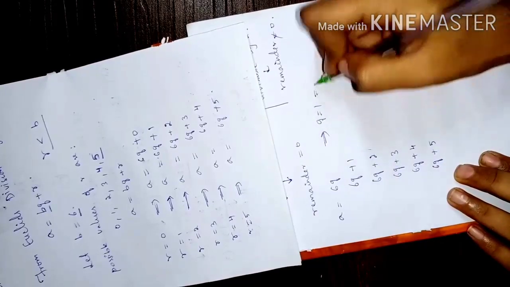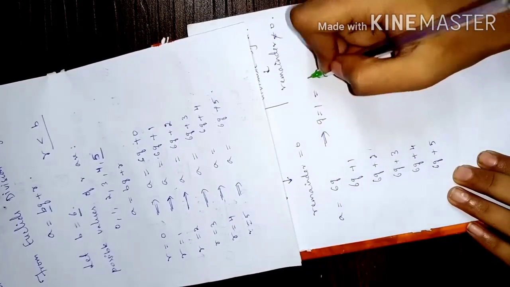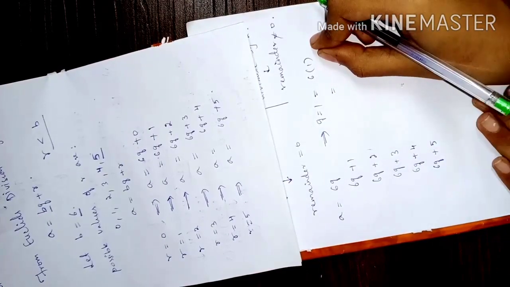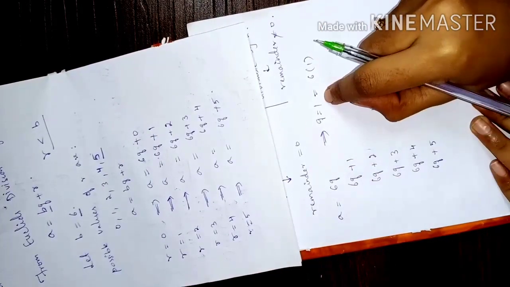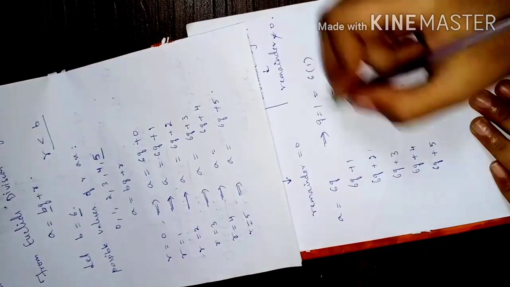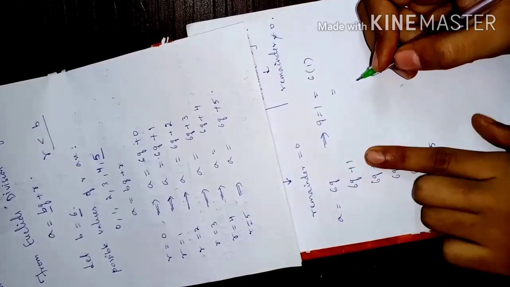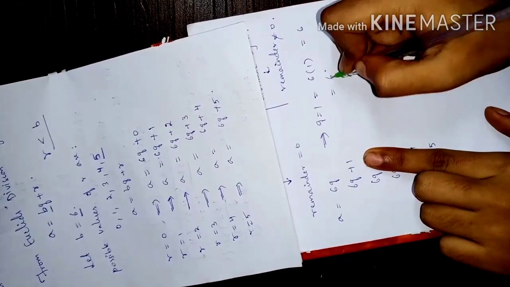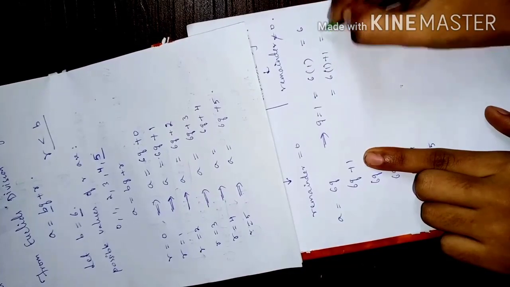For every value we'll be taking q as 1. So 6 into 1 is 6. You can assume any value. I assumed q as 1 because it's easy to calculate. You can also assume 2, 3 and so on. So 6 into 1 plus 1 is 7.